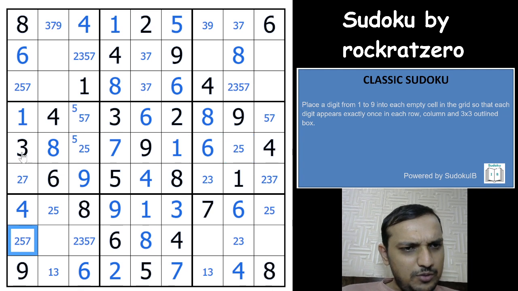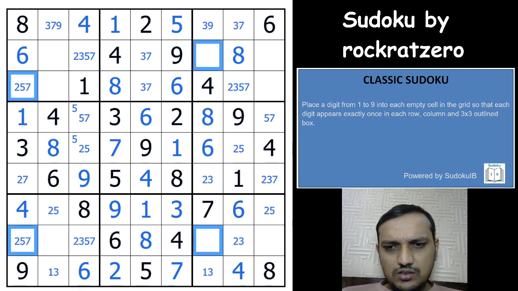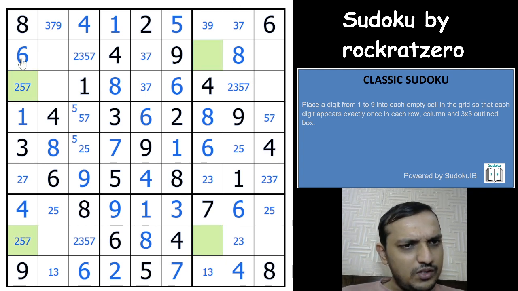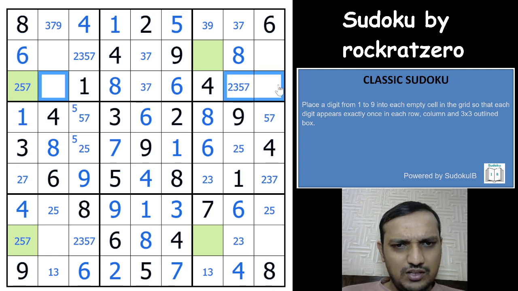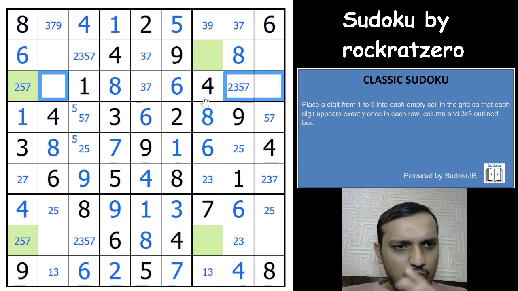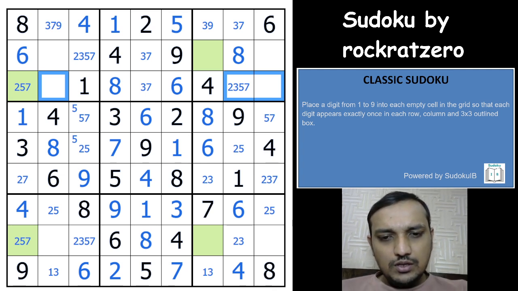I have a skyscraper of 5. Yes, this is a skyscraper of 5 now. Does that help us? You eliminate 5 from this cell and these cells. So does that give us anything? Let me brief you on how this skyscraper works.